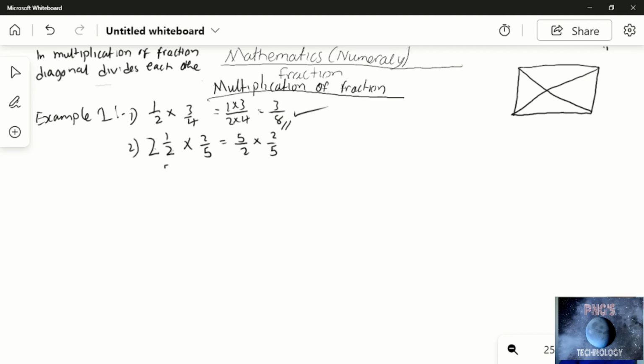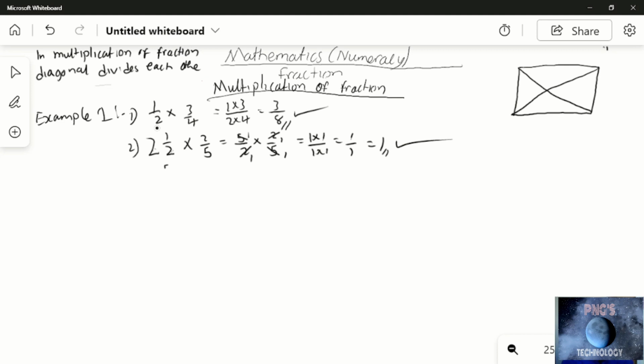So that means 5 here becomes 1, 5 here 1, 2 here 1, 2 here 1. What we have left is 1 times 1 over 1 times 1, equals 1/1, equals 1. Final answer, and that's correct.